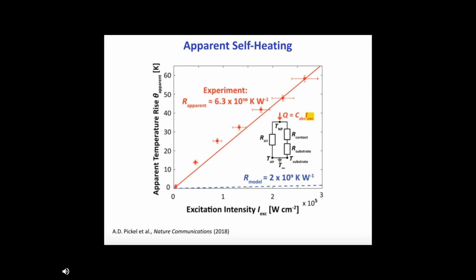And when we do that, we get a value of about 6.3 times 10 to the 10 kelvins per watt. So again, more than an order of magnitude higher than the worst case scenario modeled value. And so it was really this dramatic discrepancy between model and experiment that motivated the next set of experiments we performed to try and answer the question of, could the nanoparticle really be heating? And if so, how could we explain this?